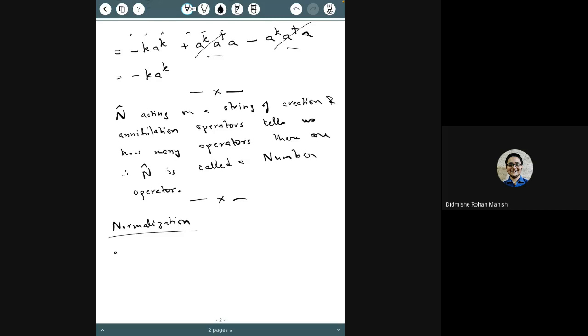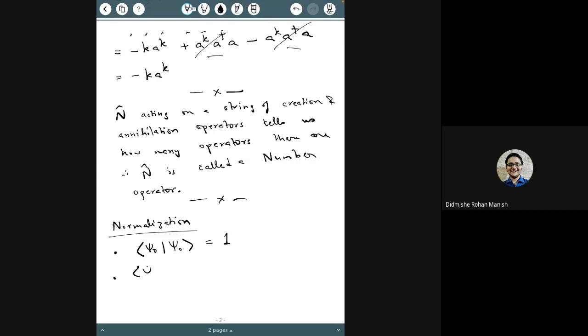So first, of course, there is the ground state psi 0. And that we have defined to be normalized. So when we solved the differential equation, we enforced the normalization condition and we got psi 0 to be normalized. Then once we know psi 0 is normalized, is psi 1 normalized?